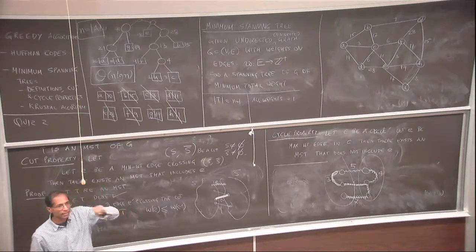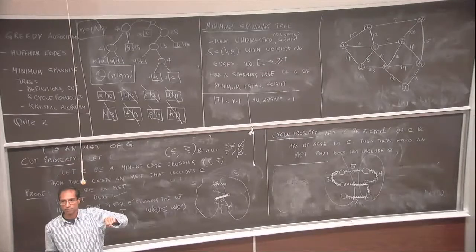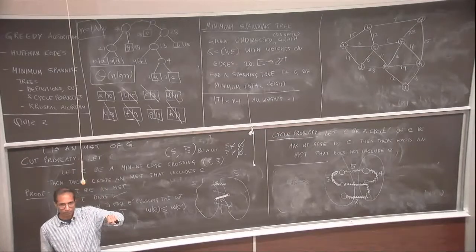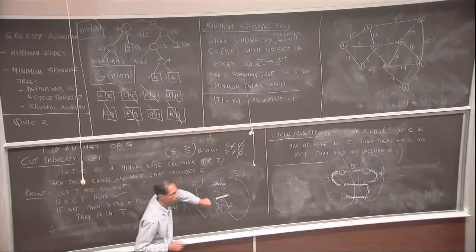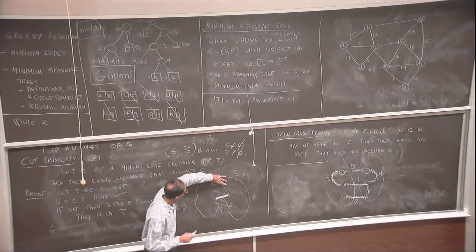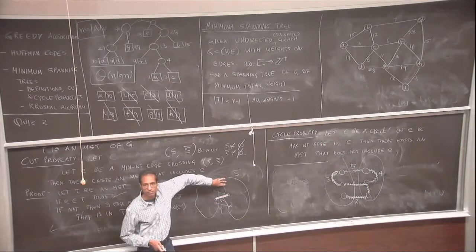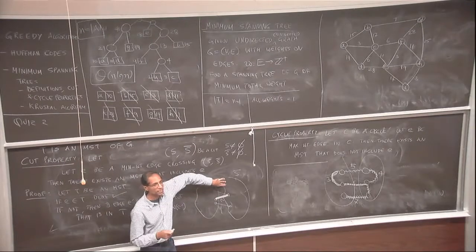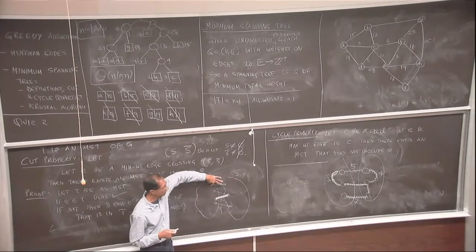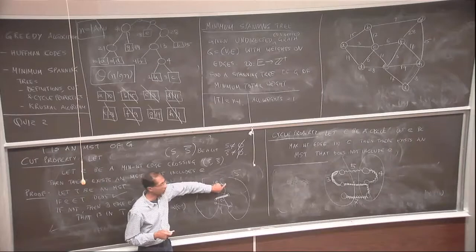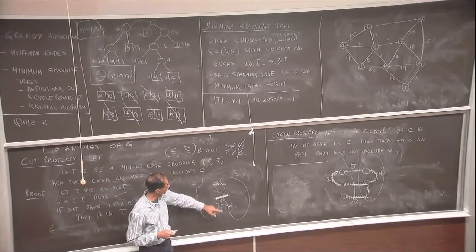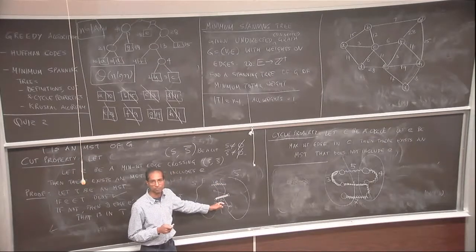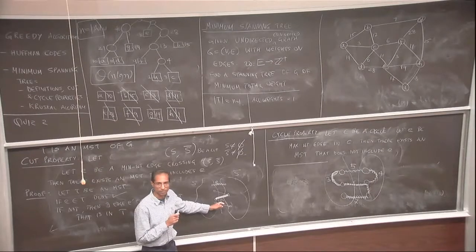What happens when you add an edge to a tree? It forms a cycle. So when you add E, it will form a cycle. That cycle has to cross the cut, right? Because just imagine you're walking along the cycle, you're going from here to here. Eventually you have to come back there, right? So it has to cross the cut. Pick that edge E prime and remove that.